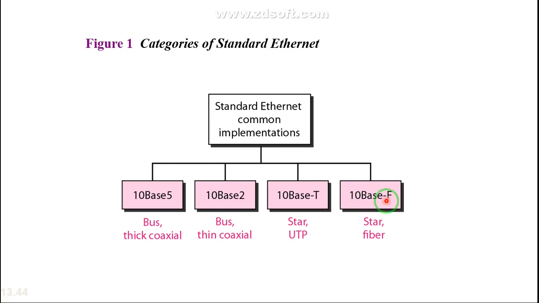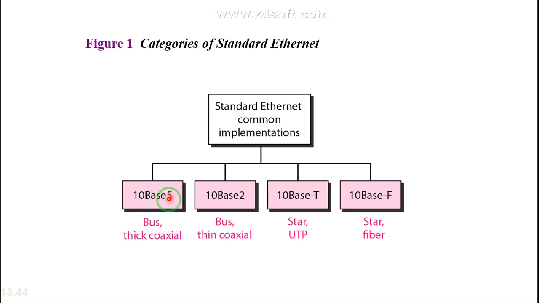Now, in this nomenclature, 10Base, the 10 indicates the data rate, that is 10 Mbps. And the term base means a baseband digital signal.